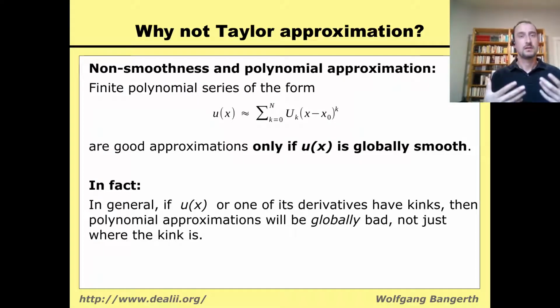So Taylor approximations, or in general, global approximations of functions only work if a function is in fact globally smooth. So it cannot have kinks, it cannot have singularities. All of these things will destroy the approximation, not just in the vicinity of the singularity, but in fact everywhere.